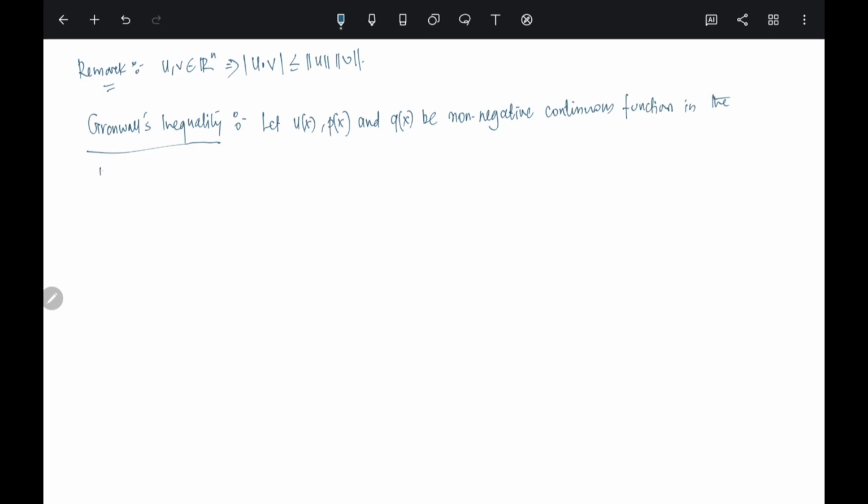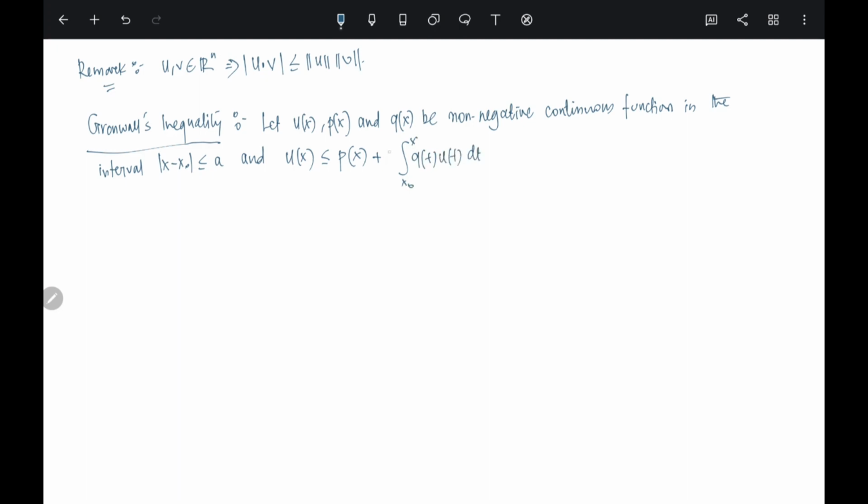in the interval |x minus x naught| less than or equal to a, and you also have this relation: u(x) is dominated by p(x) plus the integral from x naught to x of q(t) u(t) dt.